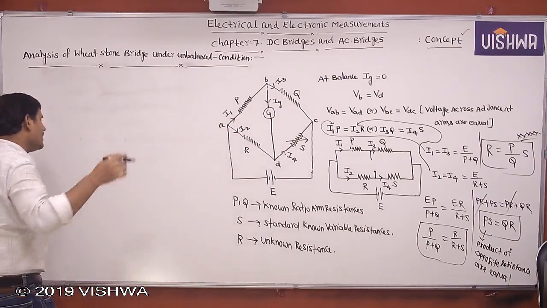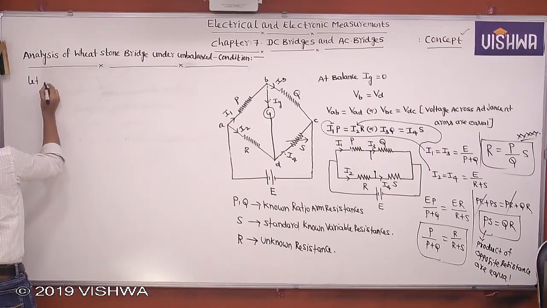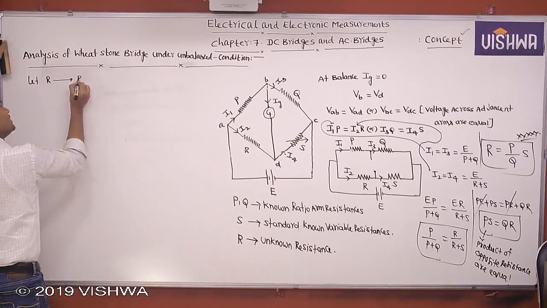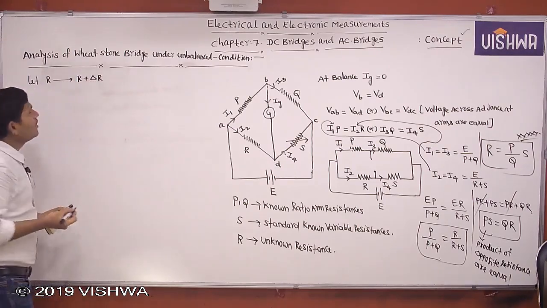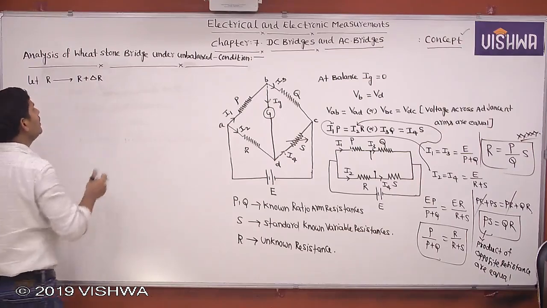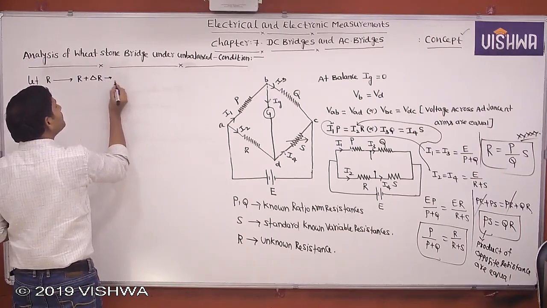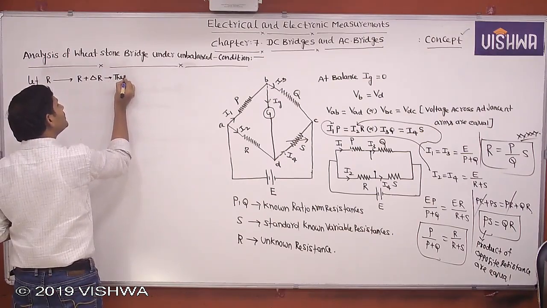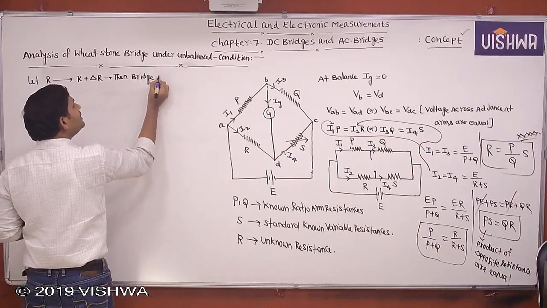Let's assume that the unknown resistance R changes from R to R plus delta R. Then the bridge becomes unbalanced.